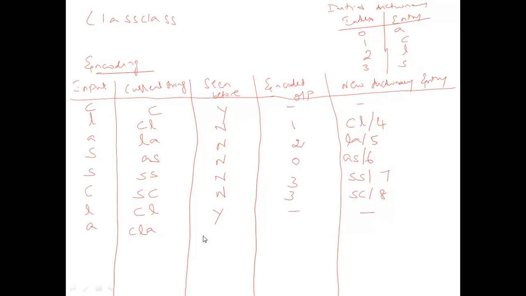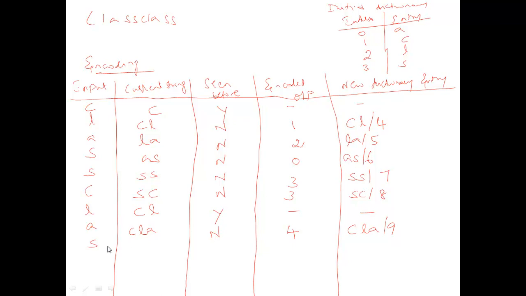And have you seen this before? CLA. CLA is not there in the entry. So you will write no. And the encoded output is previous unencoded current string. CL is together unencoded previously. It is in the dictionary 4. And new dictionary entry is CLA, which comes in the position 9.